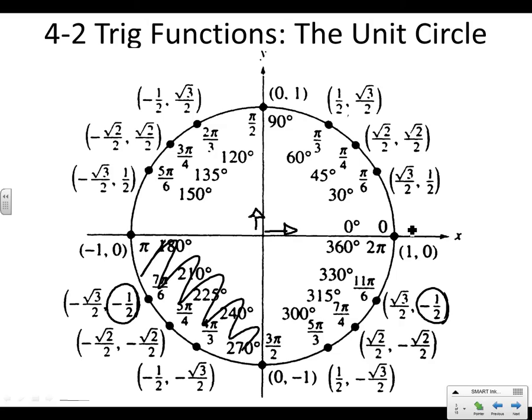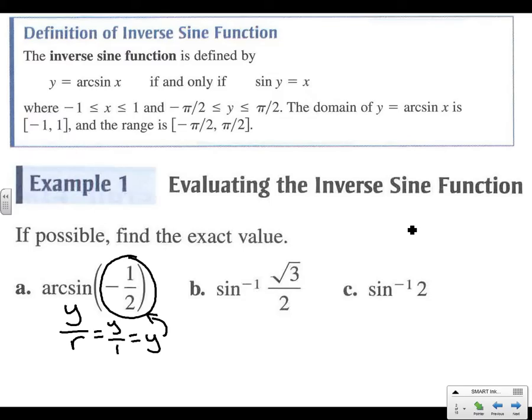And so we're going to come over here, we find 330 degrees is the angle that gives us a y value of -1/2. So we can come back in here, and that would be our answer, 330 degrees. Okay? Now we can also give that in radians. That would have been 11 pi over 6. All right, either one will work because we're looking for the angle.